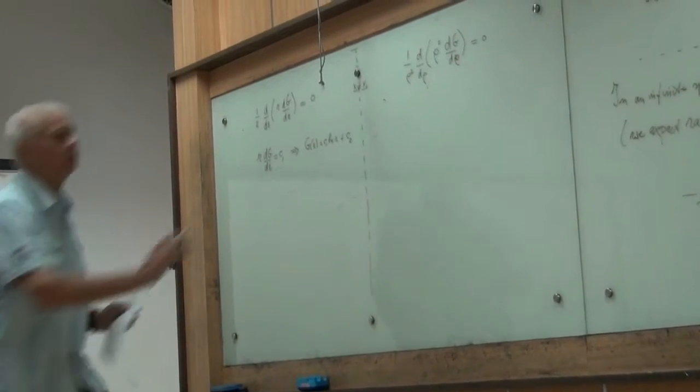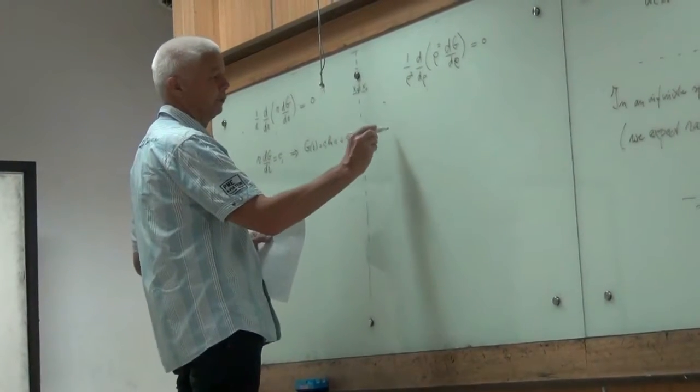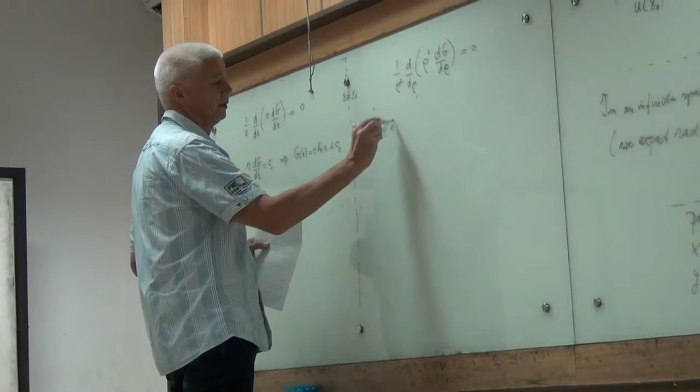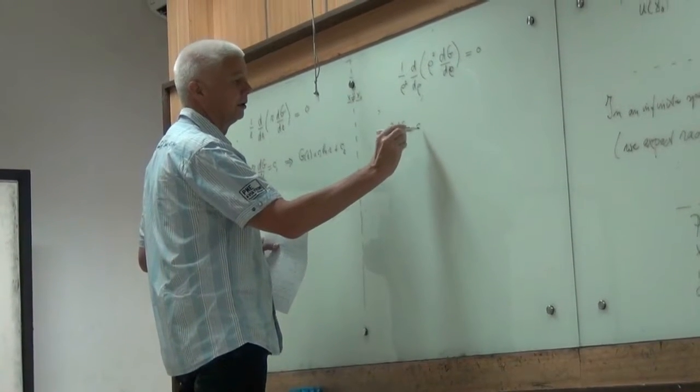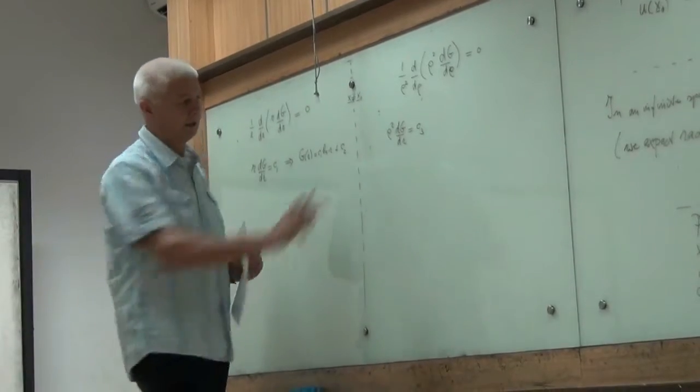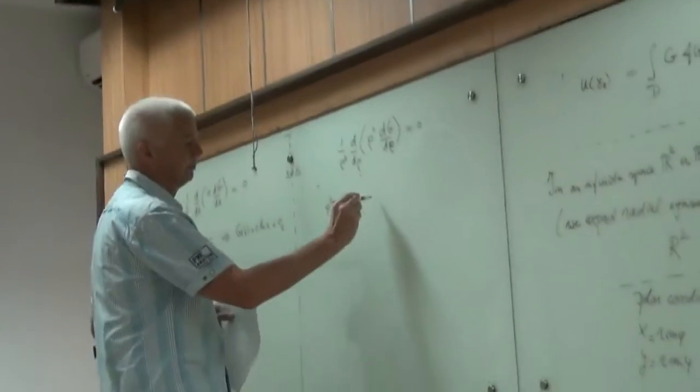The same thing I can do over here, and then it follows that rho squared dg/drho is equal to a constant c3. Then divide by rho squared.